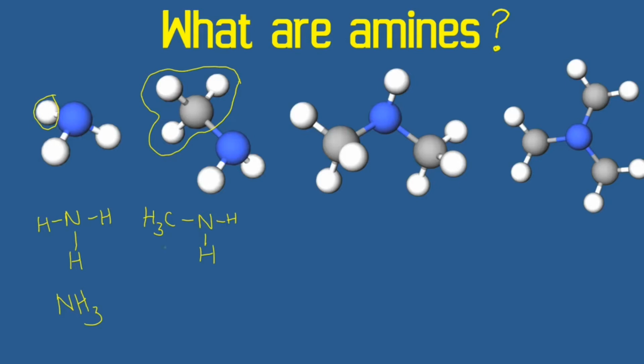When we've replaced one hydrogen with an alkyl group, we say that this is a primary amine. So I denote primary as being one with a superscript 0. How would I write this?